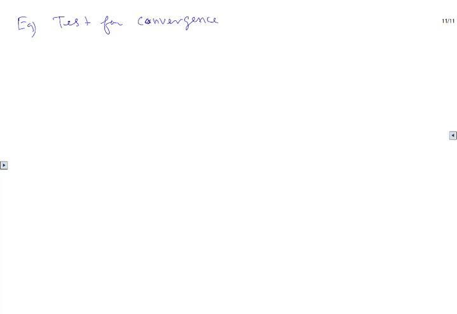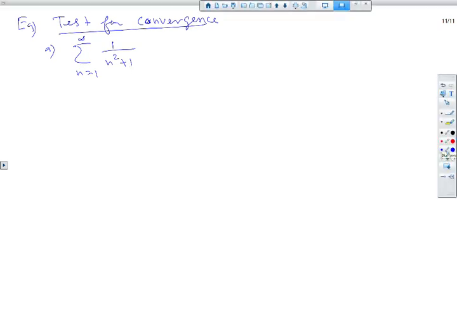Let's say the first one is the sum from n equals 1 to infinity of 1 over n squared plus 1. If you get a series like that, what are you going to do? We need to compare this with something else. Most of the time the question is, how do you know what to compare with? We look at the dominating terms, which suggest a series.